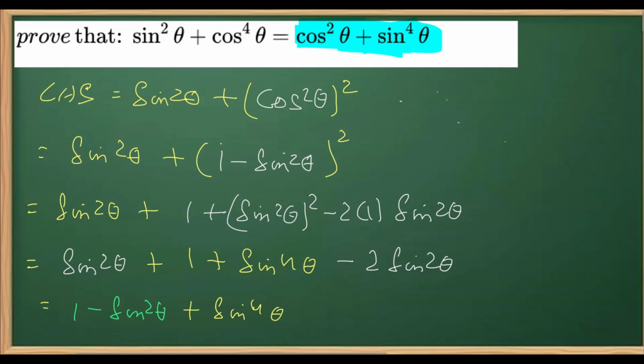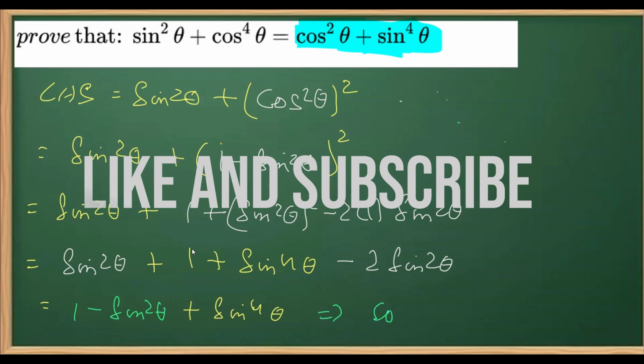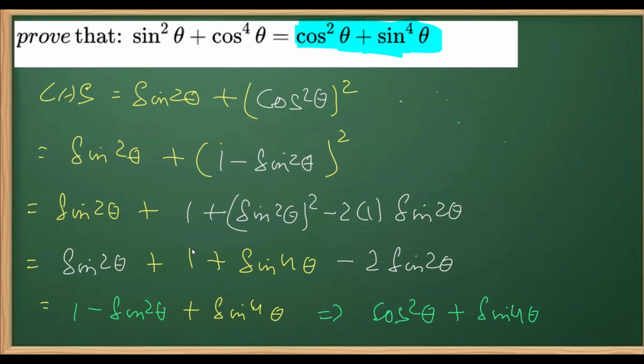Now check here, as I said, 1 minus sin square theta is what? Cos square theta plus, and this is sin power 4, should be as it is, sin raised to the power 4 theta, which is equal to the RHS. So we'll say that LHS is equal to RHS.